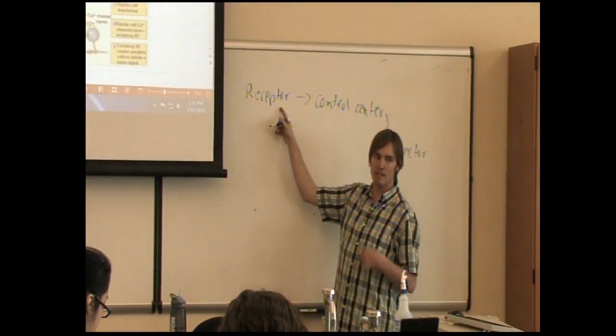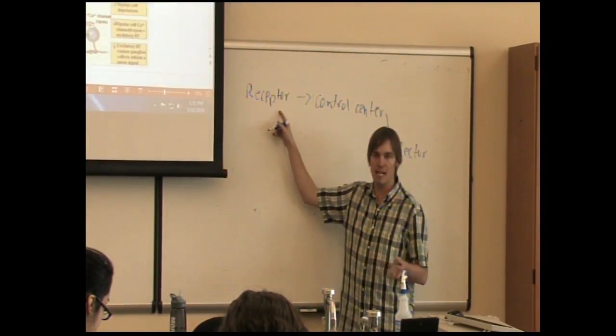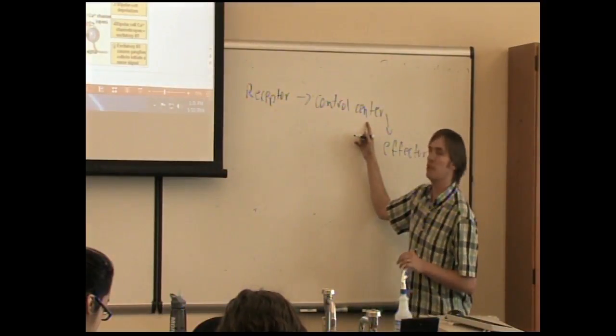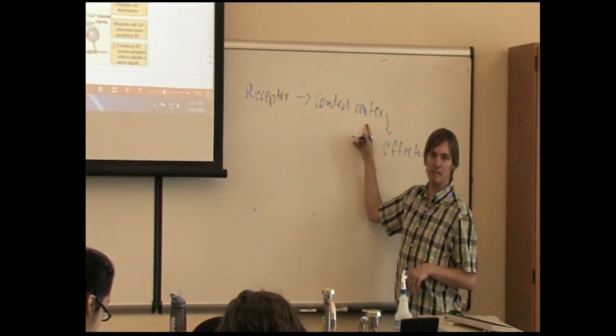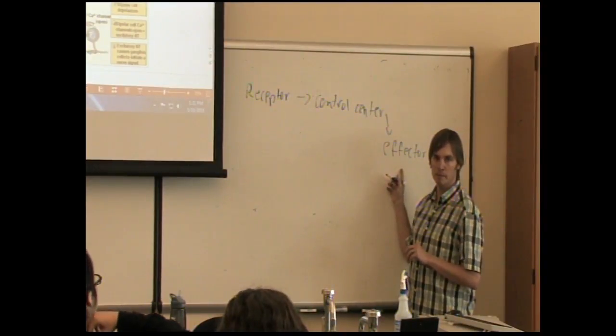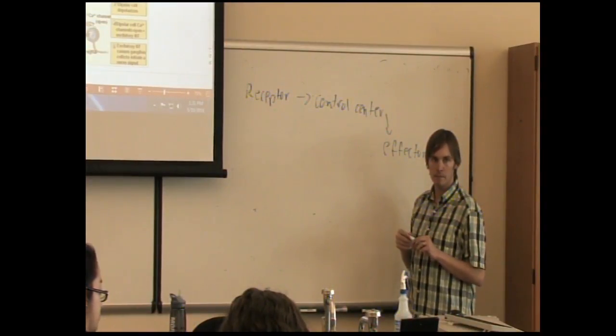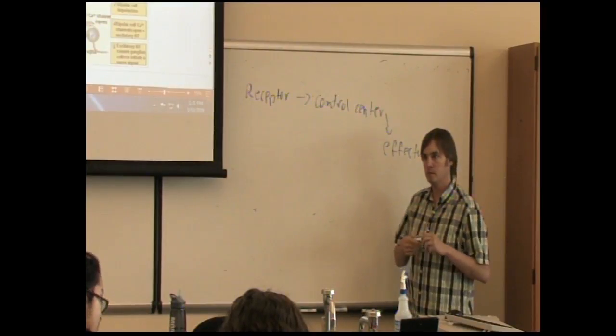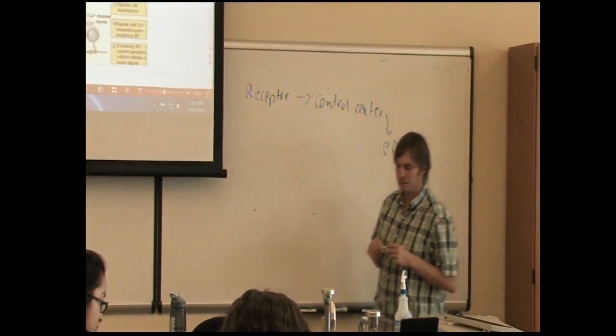So the receptor detects the change in the condition. The control center decides what to do about it, and it sends a signal to the effector, which fixes the problem. Can you repeat them, please?